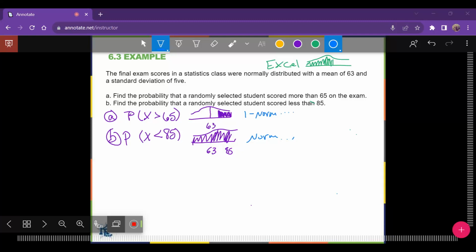And we see that we get 1. So it is very likely, it rounds to 1 if we round to this many decimal places. So it's almost guaranteed that your score will be less than an 85.